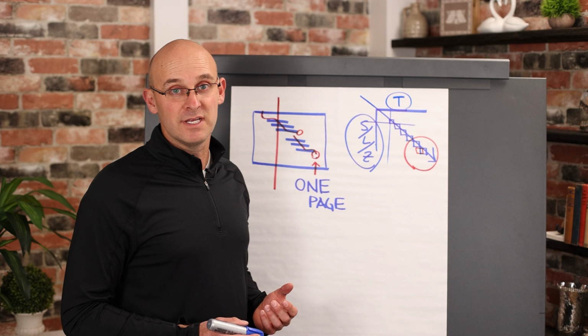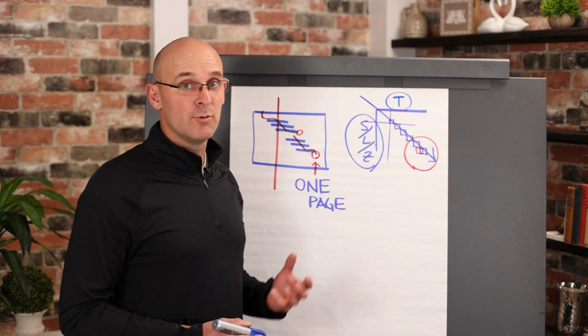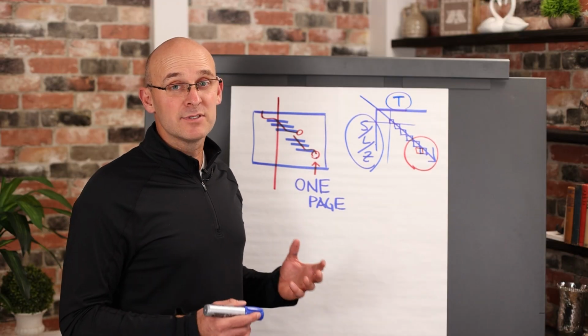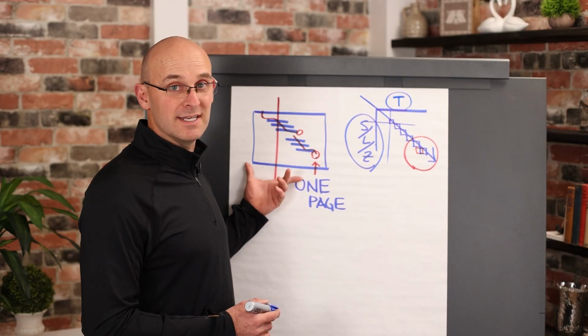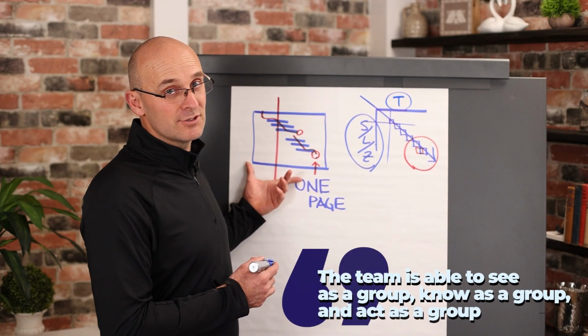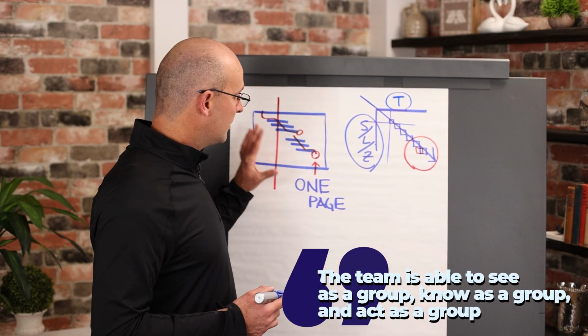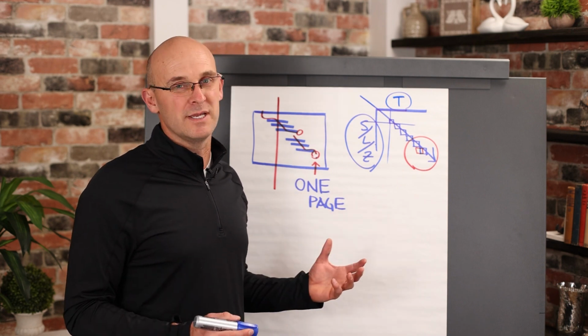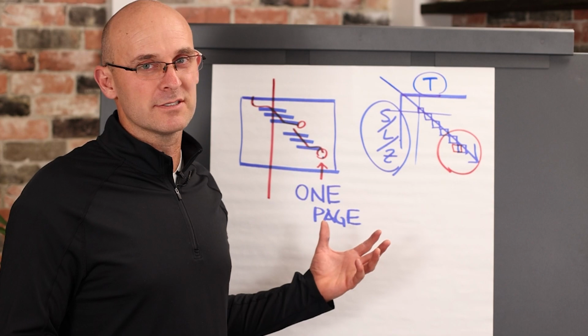Certain components of the Empire State Building were built with takt planning concepts. And so this has been around for a while, and it enables the team to work because you can see it. And again, I'm just going to anchor you back to my favorite phrase: the team is able to see as a group, know as a group, and act as a group. So even if it didn't have the other cool things that I'm about to tell you, it would still be cooler than sliced bread. This is awesome stuff.